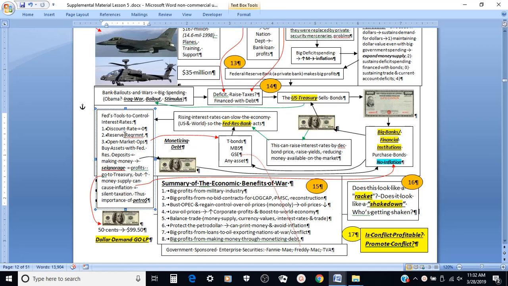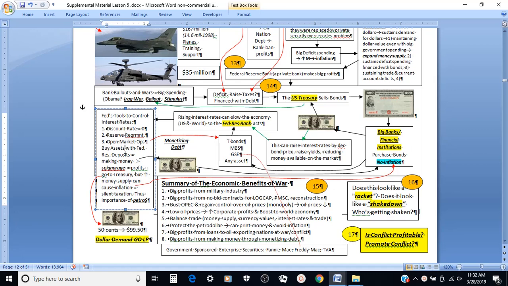They want to maintain about 10% reserves, cash on hand in the bank, right? What's most often done by the Fed is open market operations, where they buy and sell assets. They could be treasury bonds or mortgage-backed securities or these government-sponsored enterprise securities. Things like Fannie Mae, Freddie Mac, TVA, the old Tennessee Valley Authority, right? Are examples.